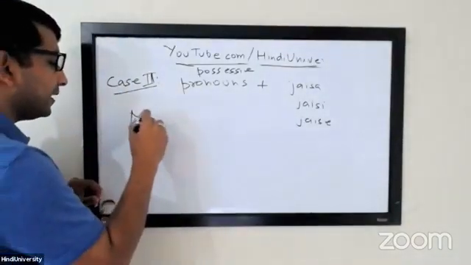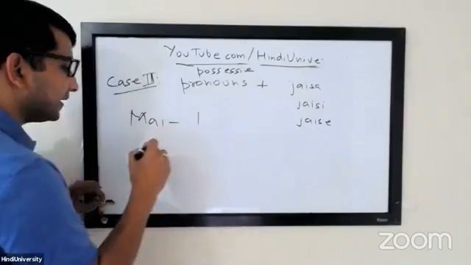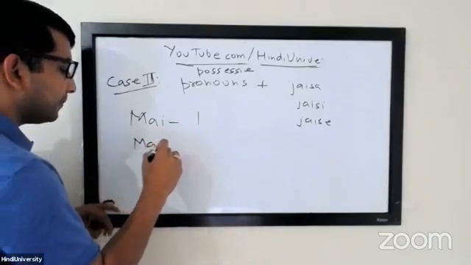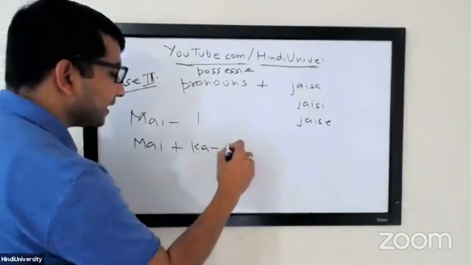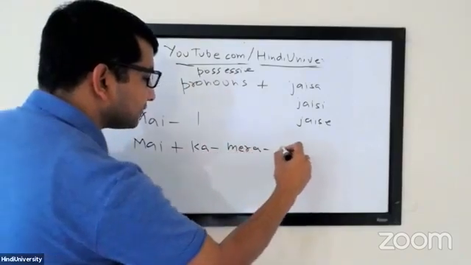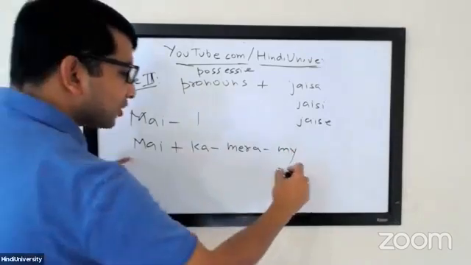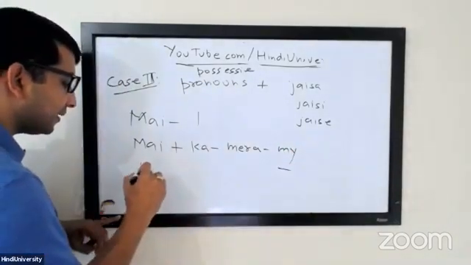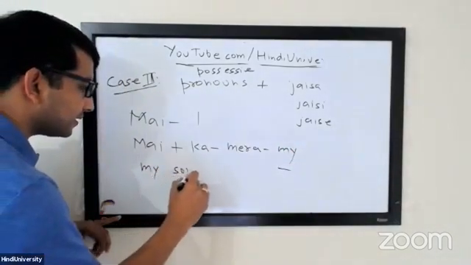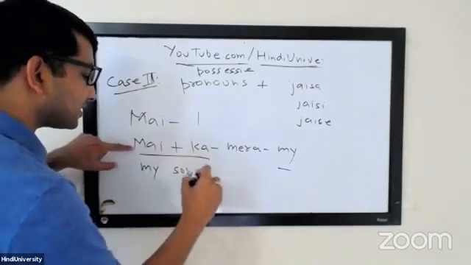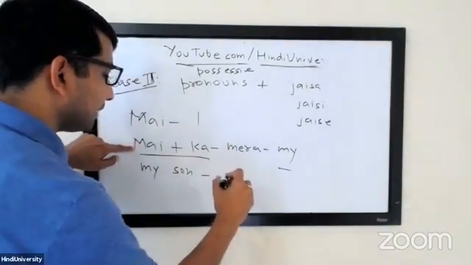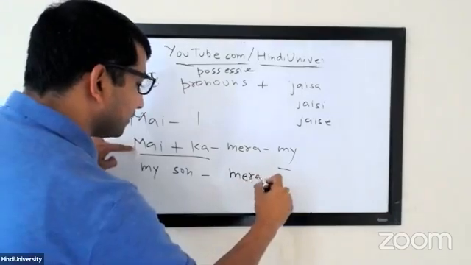If I say main, it's I. If I say main plus ka, it's mera, which is my. So I is your main pronoun, my is your possessive pronoun. If I want to say my son, it would be main plus ka, which is mera ladka.